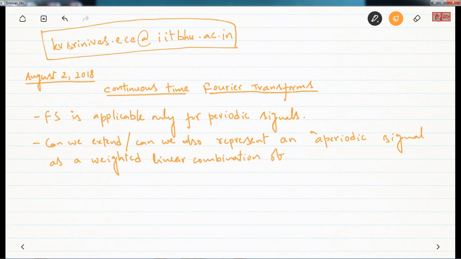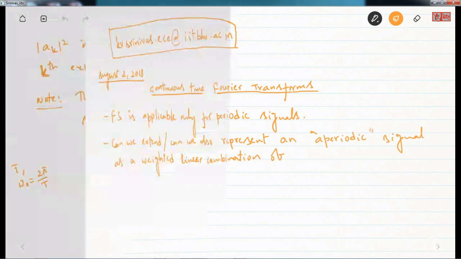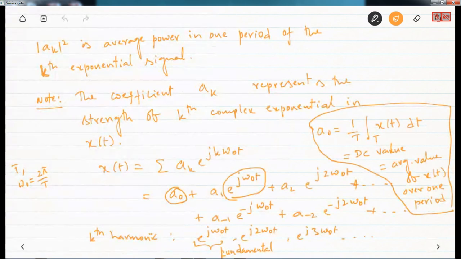Another thing to remember is that this Fourier series is nothing but an orthonormal expansion, where the orthonormal functions are complex exponentials. So what we did was represent x of t as a weighted linear combination of complex exponentials.